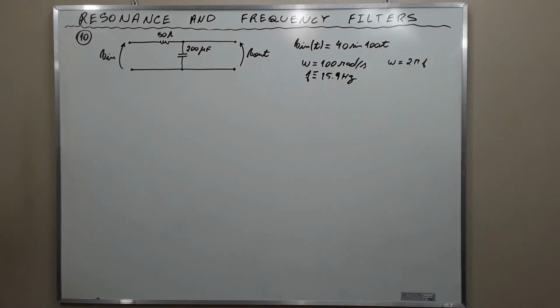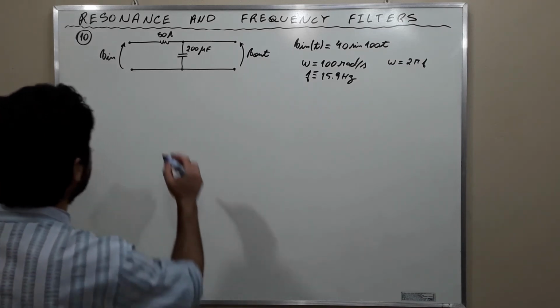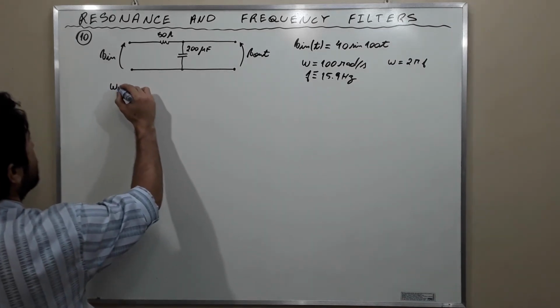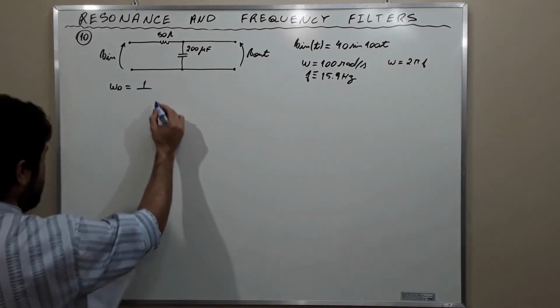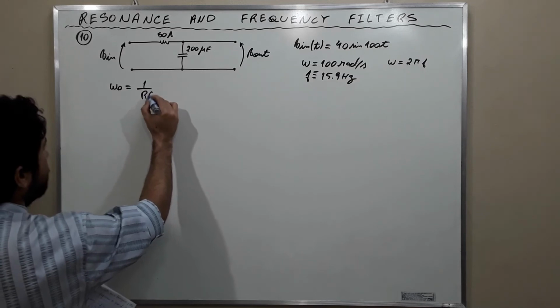The RC circuit works as a low-pass filter, draining high frequencies to ground through the capacitor. The cutoff frequency W0 is equal to 1 over RC.